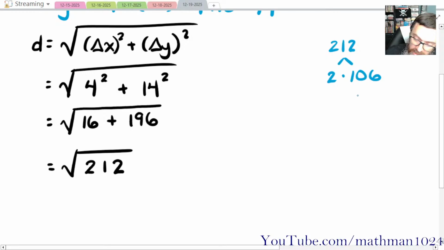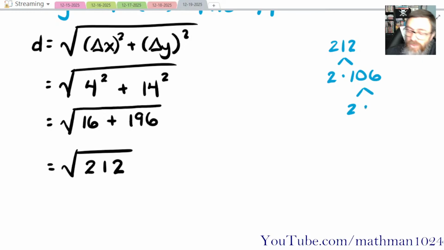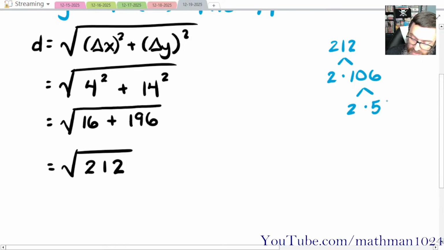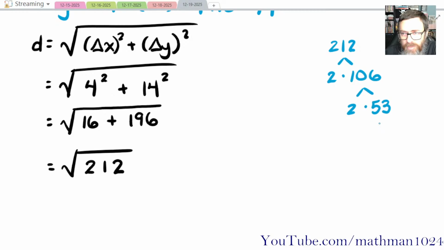All right, I still have an even number, so let's divide this by 2. 2 goes into 100 50 times, 2 goes into 6 3 times. So 2 goes into 106 53 times. Now, 53 is a prime number. So if we were to try to do more division here, 3 is not going to go, 5 doesn't, 7 doesn't. The next prime number would be 11, but it doesn't really matter because 53 itself is prime.